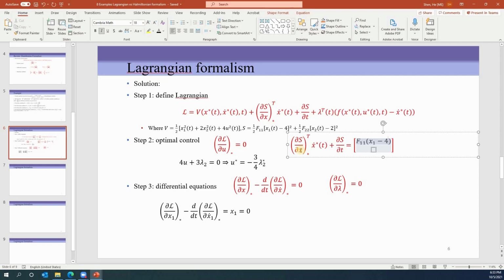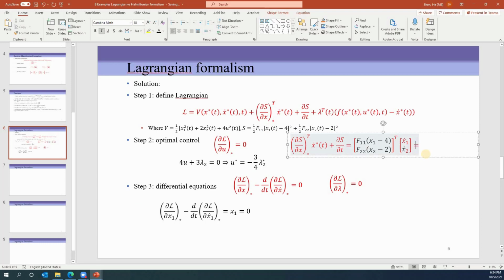What is the partial s over partial x2? Partial s over partial x2, we have a f22 times x2 minus 2. So the transpose of that times x1 dot and x2 dot plus partial s, partial t. Is s a function of t? No. That's it.